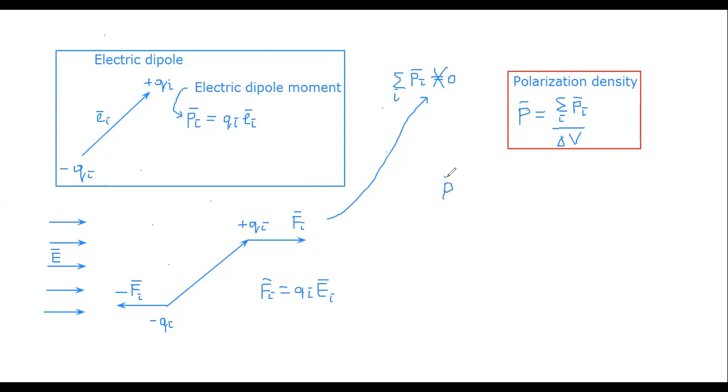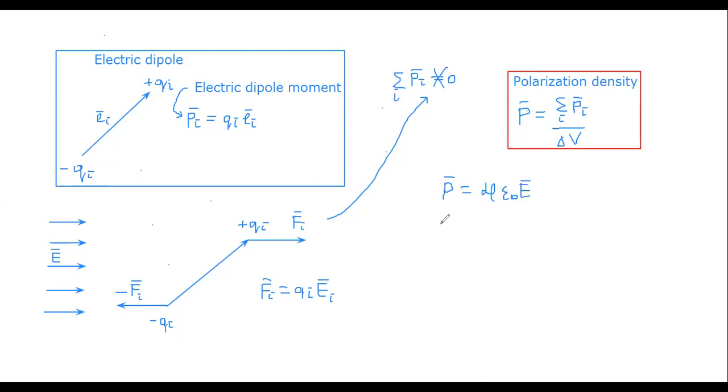We can write P is equal to kappa epsilon 0 multiplied by E.